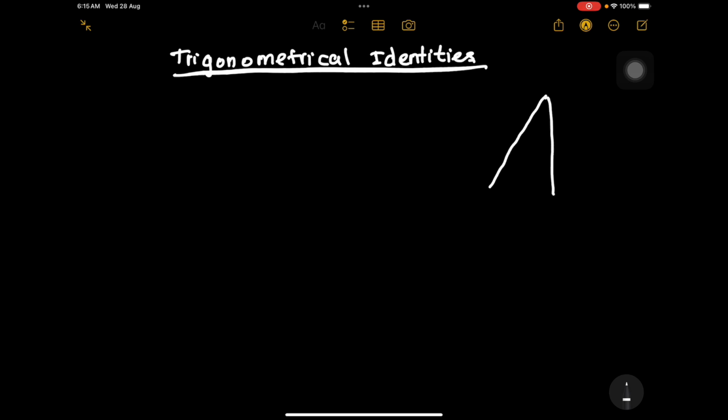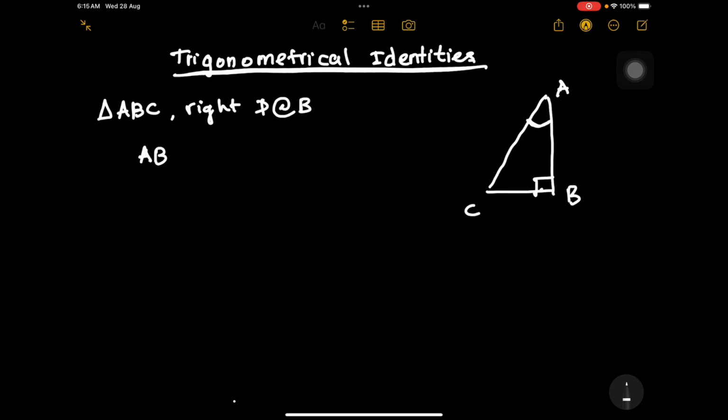So we are going to start with a right angle triangle. Let's call it ABC, and the acute angle we are going to talk about is angle A. In triangle ABC, right angle at B, we are going to use the Pythagoras theorem, which is AB squared plus BC squared is equal to AC squared.